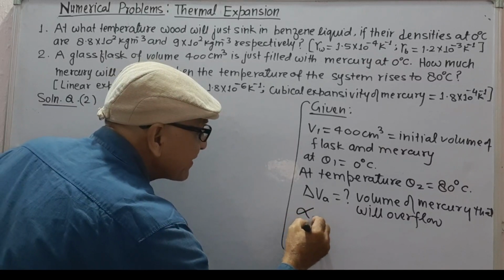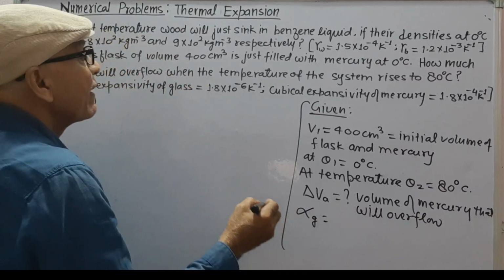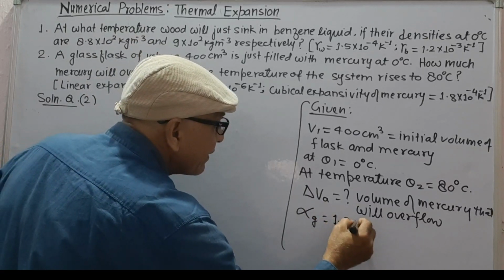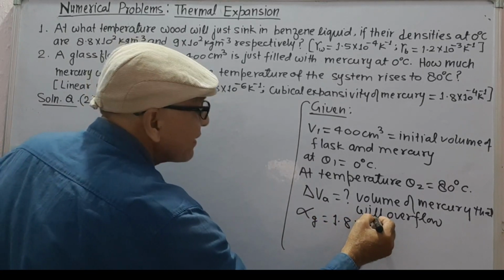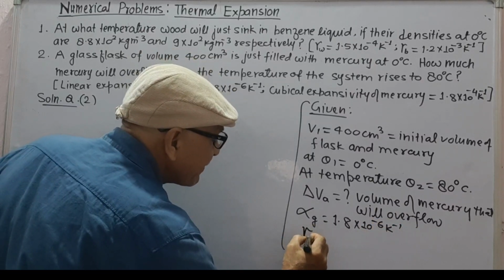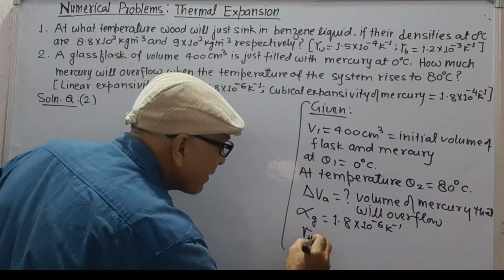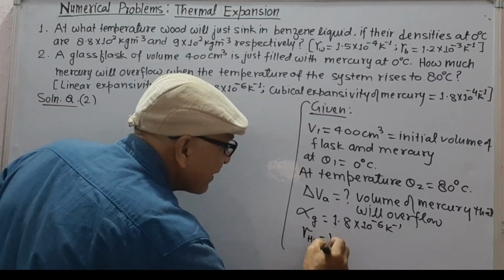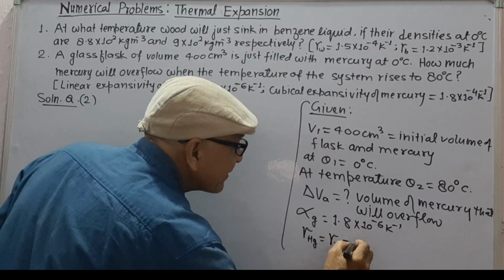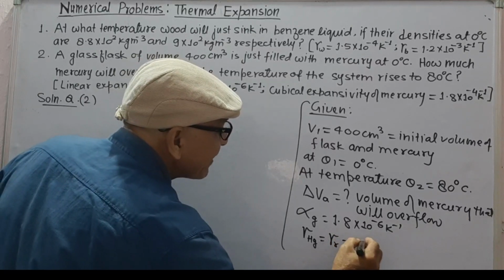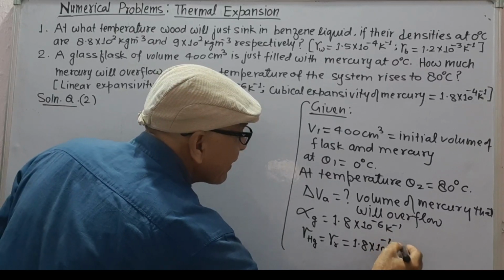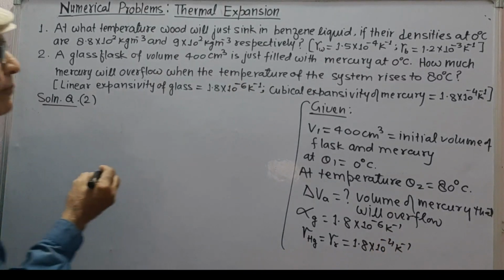Alpha of glass is given to be 1.8 into 10 to minus 6 per Kelvin, and gamma of mercury, which is the real expansivity of mercury, is equal to 1.8 into 10 to minus 4 per Kelvin. Now solution.